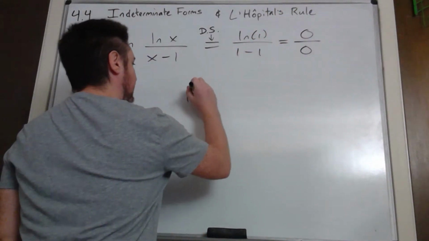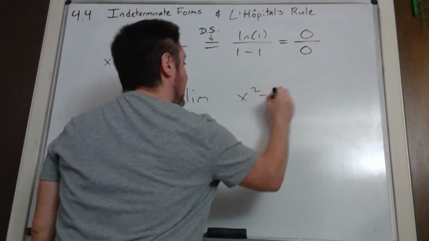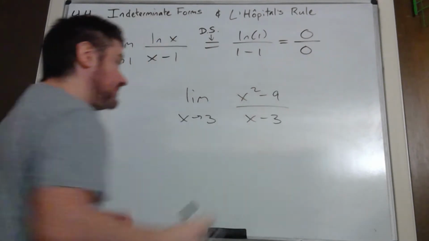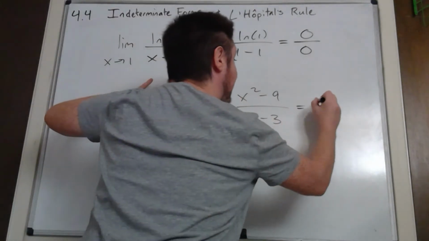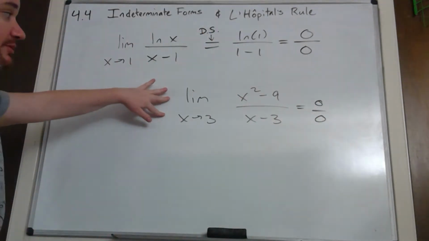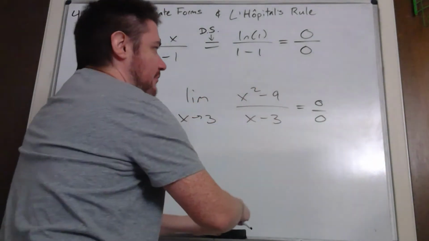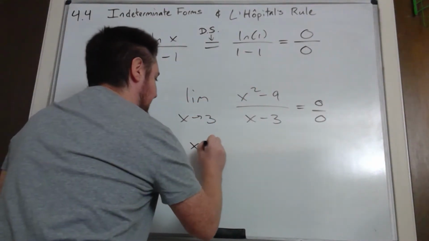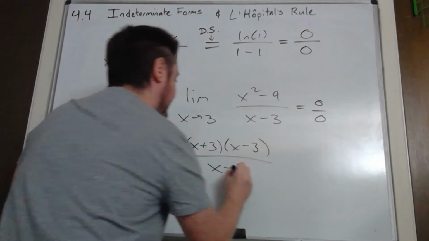So if I said the limit as x approaches 3 of x squared minus 9 over x minus 3, we've looked at examples like this where I try direct substitution, I get 0 over 0, an indeterminate form. But I can factor the top as x plus 3, x minus 3 over x minus 3.